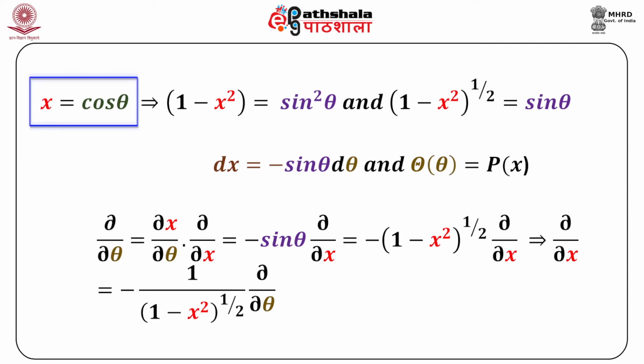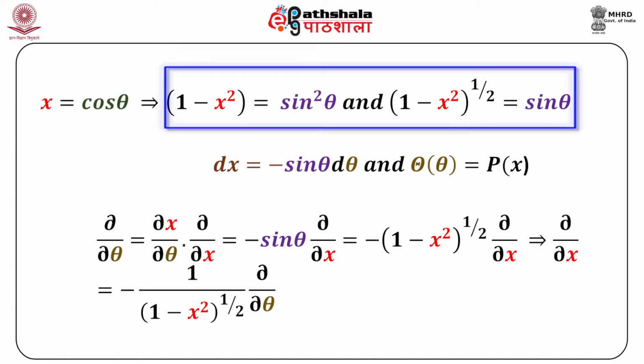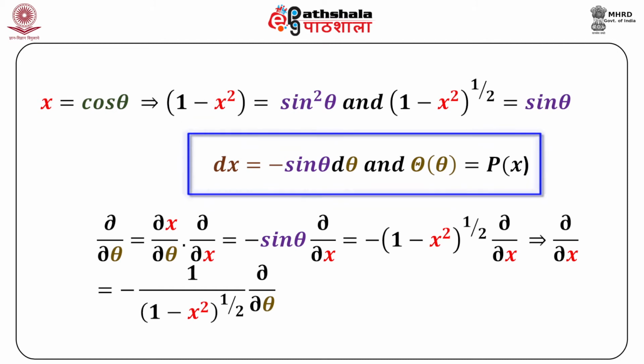We put x is equal to cos theta, and therefore 1 minus x square will become equal to sin square theta, and the square root of 1 minus x square will become equal to sin theta. And as you can see, dx will be equal to minus sin theta d theta, and we make the substitution theta is equal to P(x).